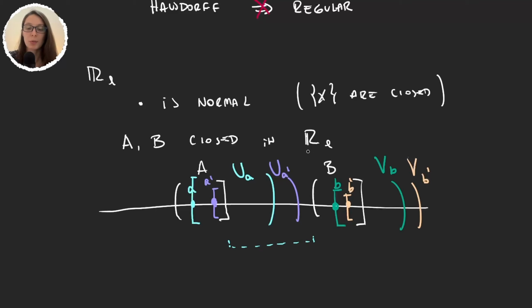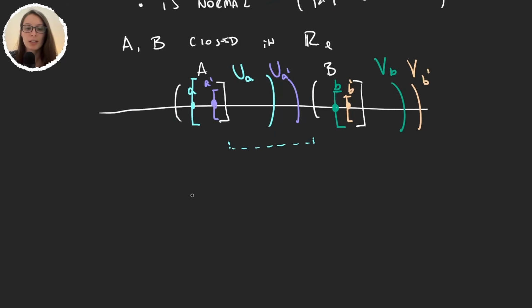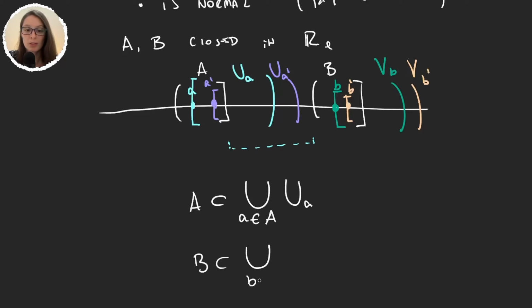So if I continue doing this for each a in A, what I'll end up having is that A can be covered by the union over all its elements of these sets U_a, and B will be covered by the union over all the elements in B of the sets V_b.